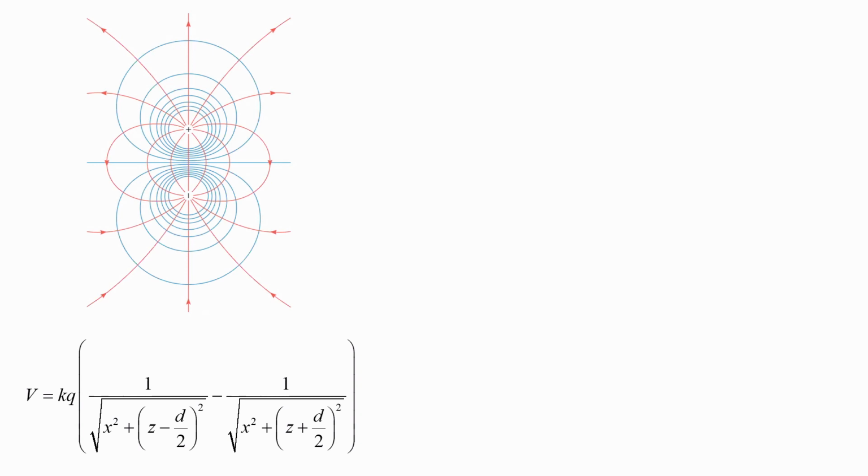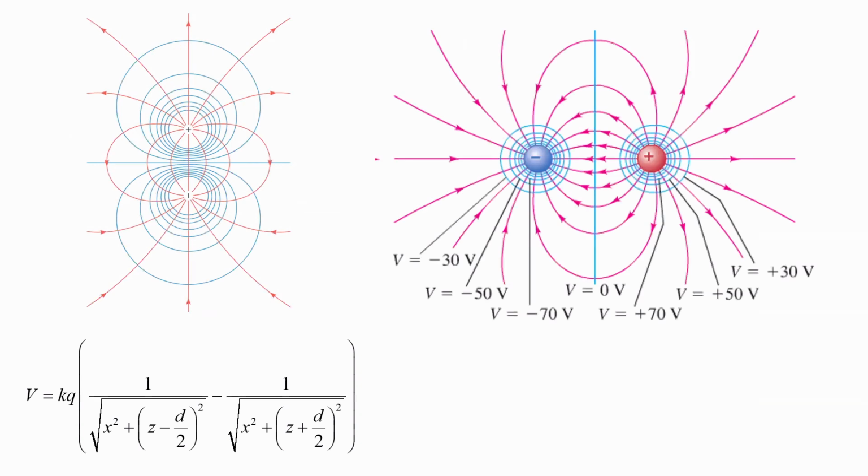Now, one thing I wanted to show, I think it's important, is that I rotated the dipole such that now the plus is on the right, negative is on the left. This gave some numbers for the potential surfaces or potential lines. But the thing I wanted to show here is that, although the potential is the same everywhere, let's just take this outer blue line, blue semicircle, it's more like an ellipse, I suppose.